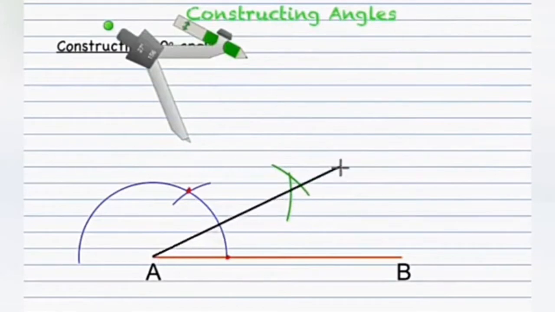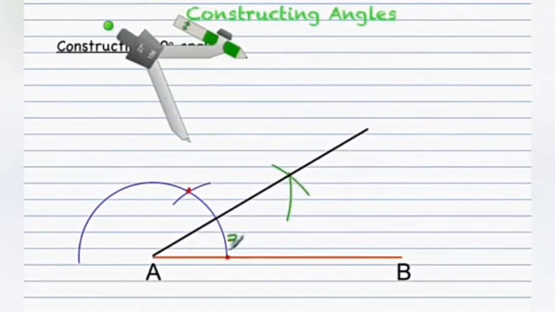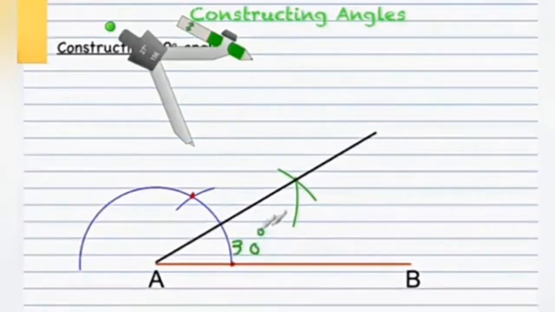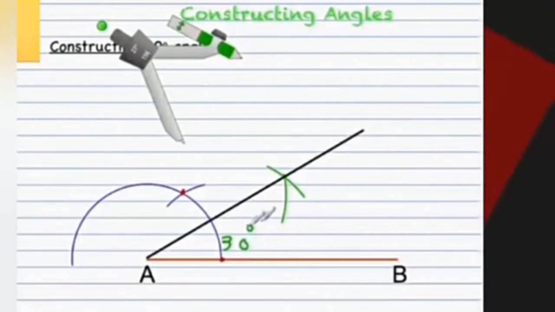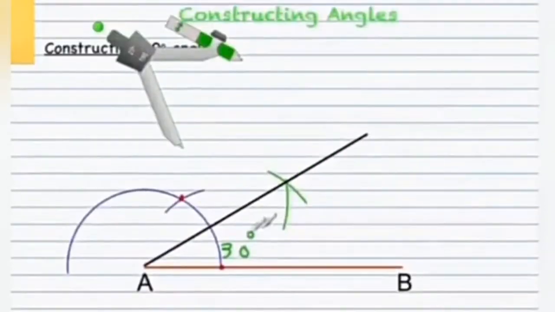Then you join the point A to the point of intersection of the two arcs to have 30 degrees. So you have successfully bisected 60 degrees to have 30 degrees. You know now that the bisection of 60 degrees is 30 degrees. So now pause this video, take it back and try it.